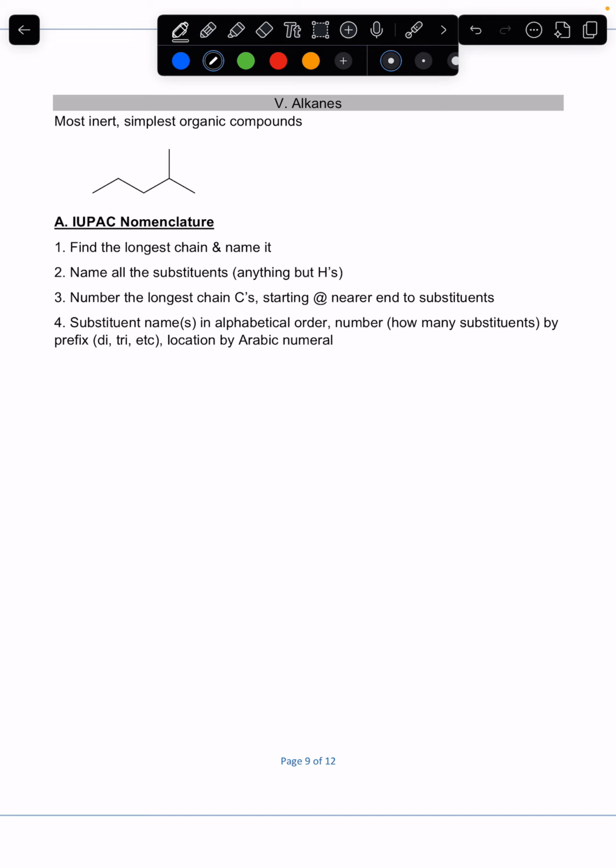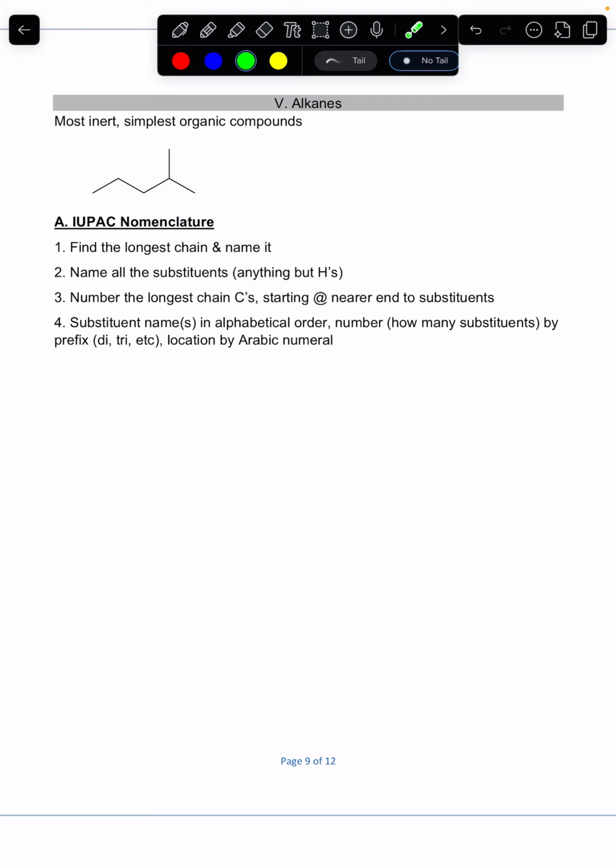Those are the main goals, but along the way we do need to be able to communicate with one another, and so for that reason nomenclature, or naming and drawing of molecules, is going to be necessary. Throughout the semester, we're going to have a few nomenclature, or drawing and naming, quizzes in class.